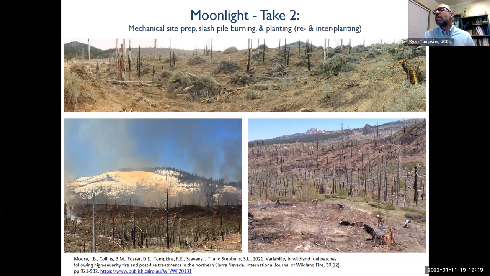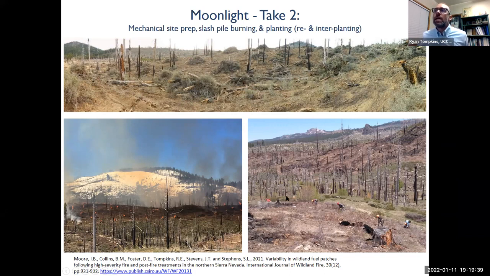This is an example on the Moonlight Fire where we went into some of these snag fields that were reminiscent of that right side of the road in my past slides. And we went in with excavators and knocked down snags and ripped up brush and piled them to burn.